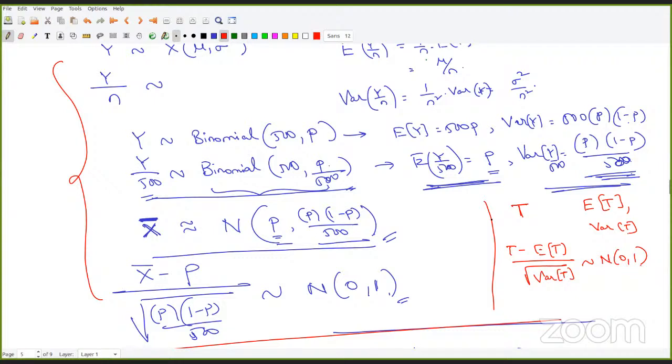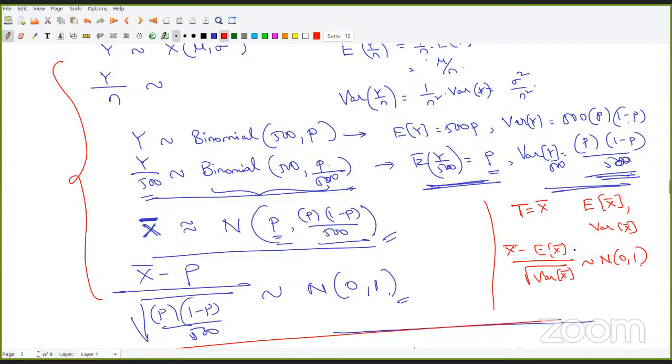In this particular case, the test statistic happened to be X bar, so T will be replaced by X bar everywhere.